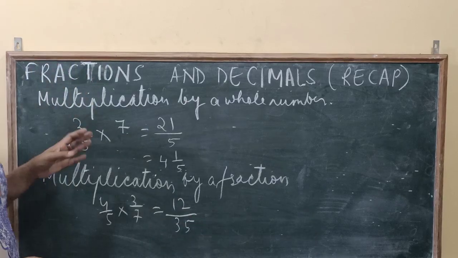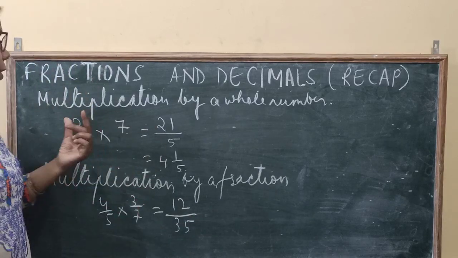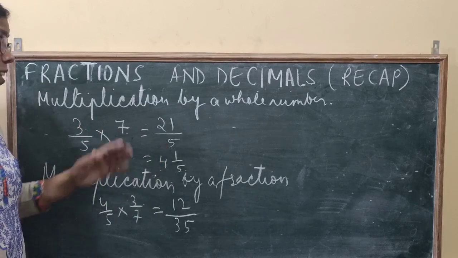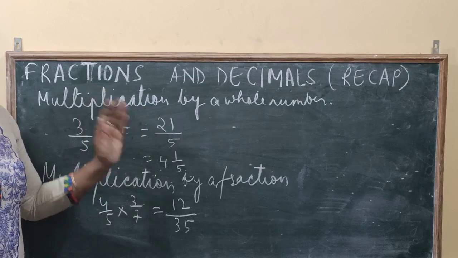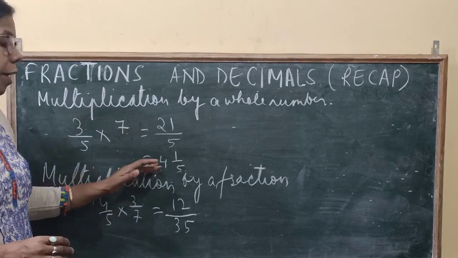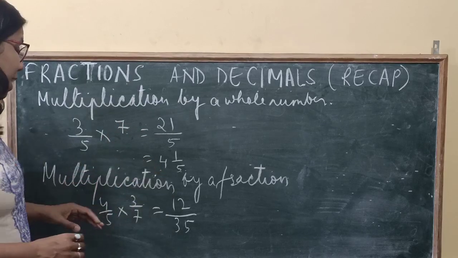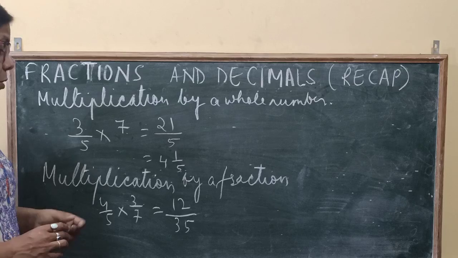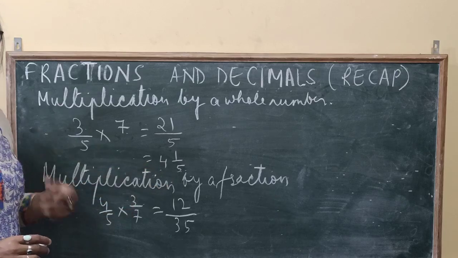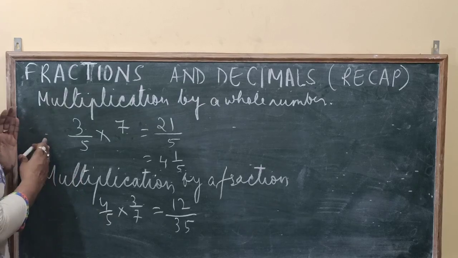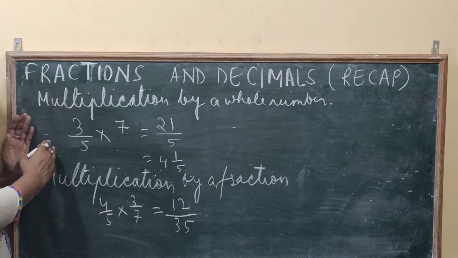So when we multiply a fraction by a whole number, we will multiply the numerator with the whole number and keep the denominator as it is. If the answer comes as an improper fraction, then you convert it into a mixed fraction. Next, when we multiply a fraction by another fraction, then we will multiply the numerators and we will multiply the denominators. This is how we do multiplication of fractions.